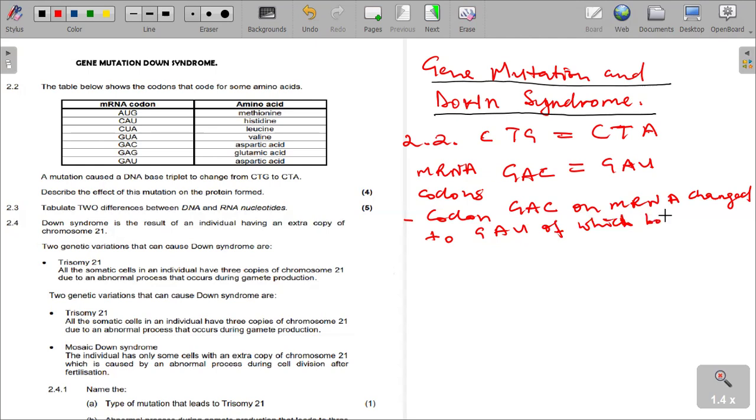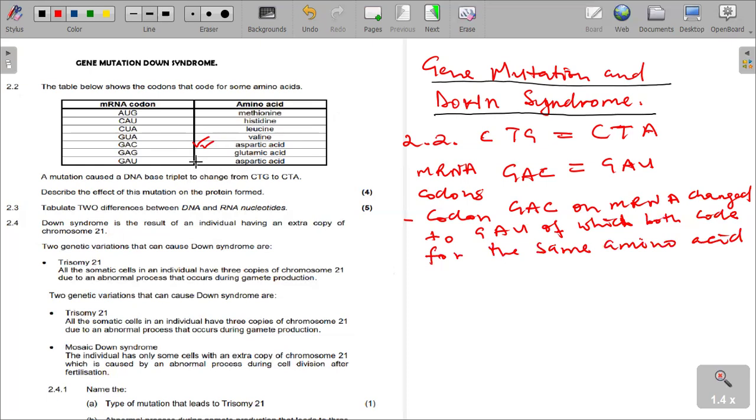Here, our GAC is this one, which is aspartic acid.